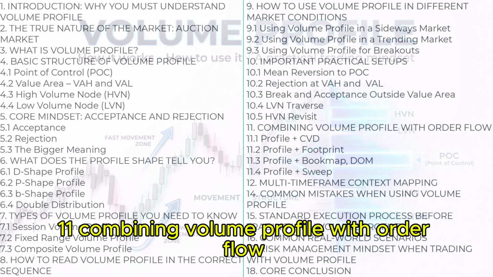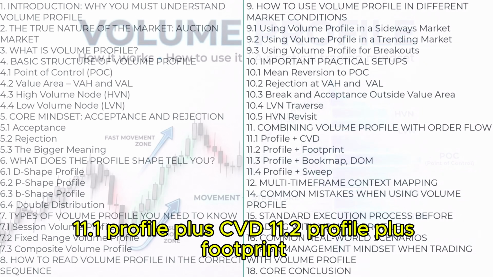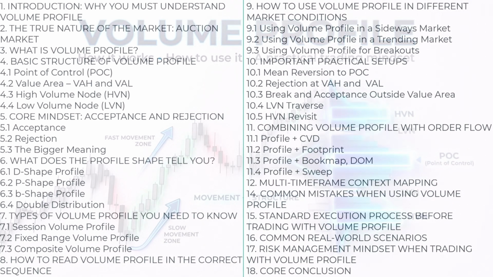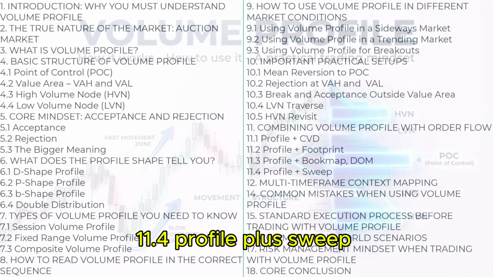11. Combining volume profile with order flow. 11.1. Profile plus CVD. 11.2. Profile plus footprint. 11.3. Profile plus Bookmap, DOM. 11.4. Profile plus sweep. 12.